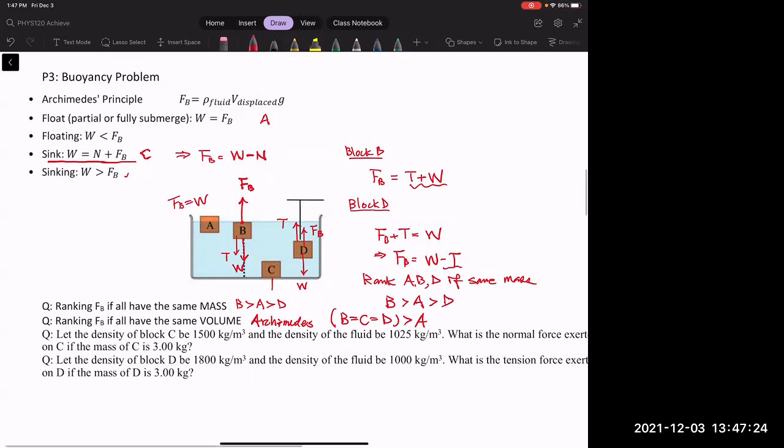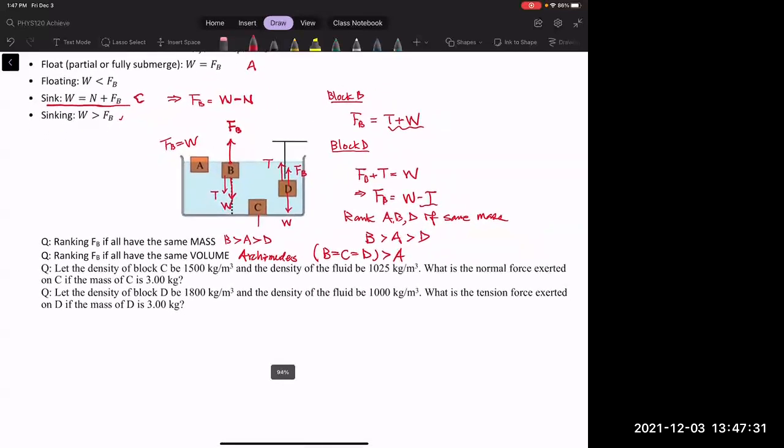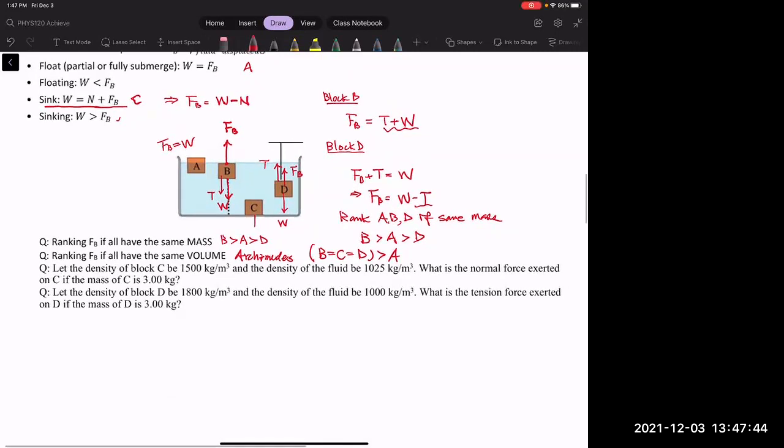Now the last thing here, I have two little calculations. I try to find the normal force on C and the tension force on D. If you want to find the normal force of C, you have to use the equation of the force.